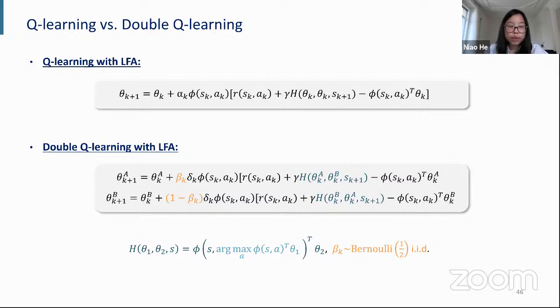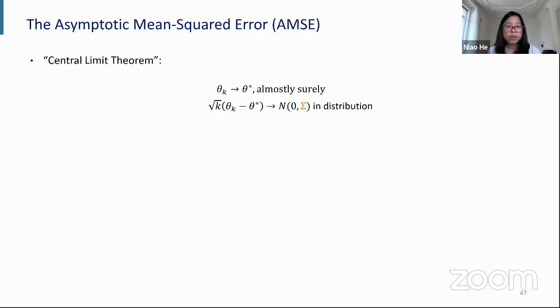As we showed earlier, you can show that both algorithms converge asymptotically, but the question is, which one is better then? Which one should we use actually, and why can double Q-learning potentially lead to faster convergence or better performance? So far we have shown the asymptotic convergence, which is almost sure convergence, but even in the asymptotic regime, we can also talk about distribution convergence, right?